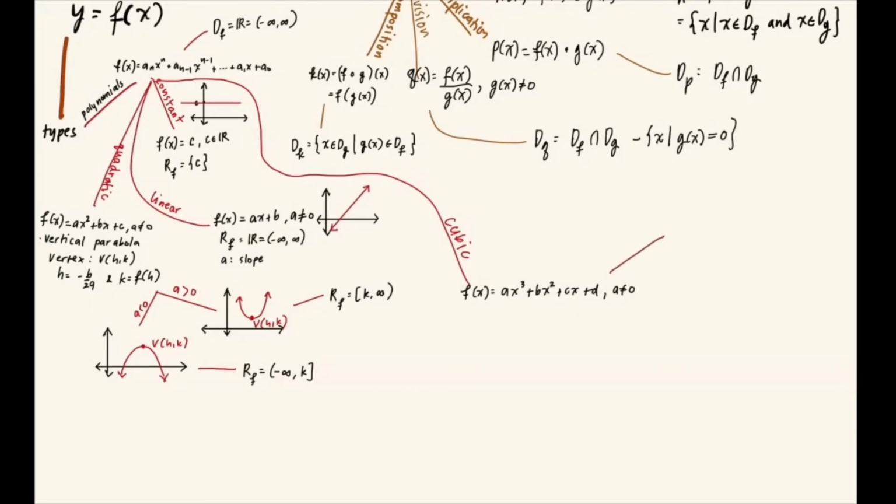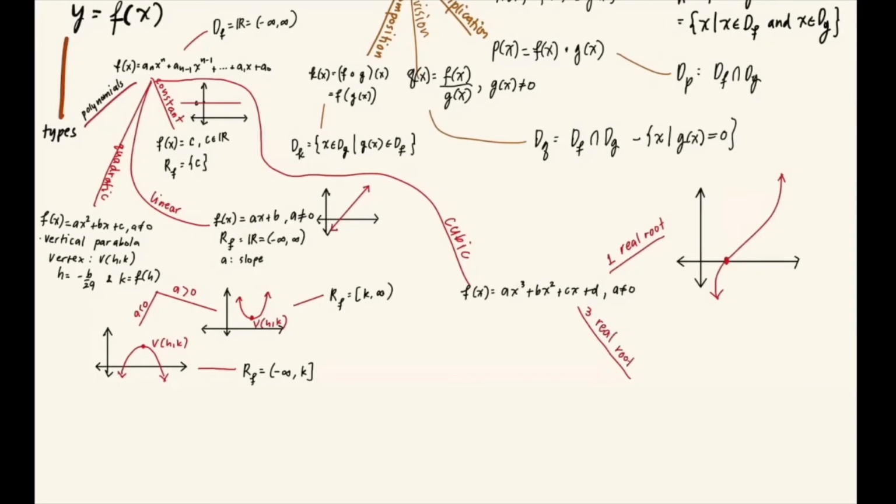So you have two possibilities for the roots of your function: it can have one real root or three real roots. For a function to have one real root, the function must cross the x-axis once. So there, this is the graph of x cubed.